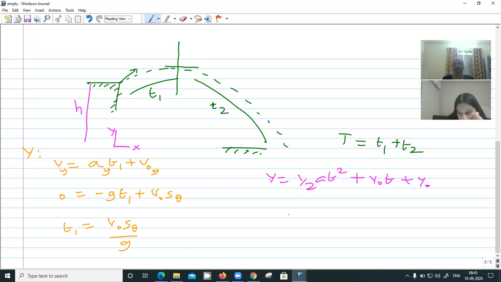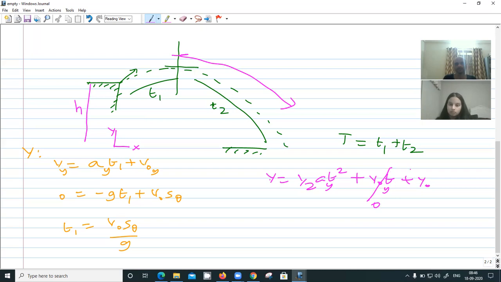So this equation, y equal to half a_y t square plus v naught y t plus y naught, is clear. Now, you have x equal to half a t square plus v naught x t plus x naught, right? Same thing for y. In this case, going from here to here, the initial y component velocity is 0, so this term will become 0.